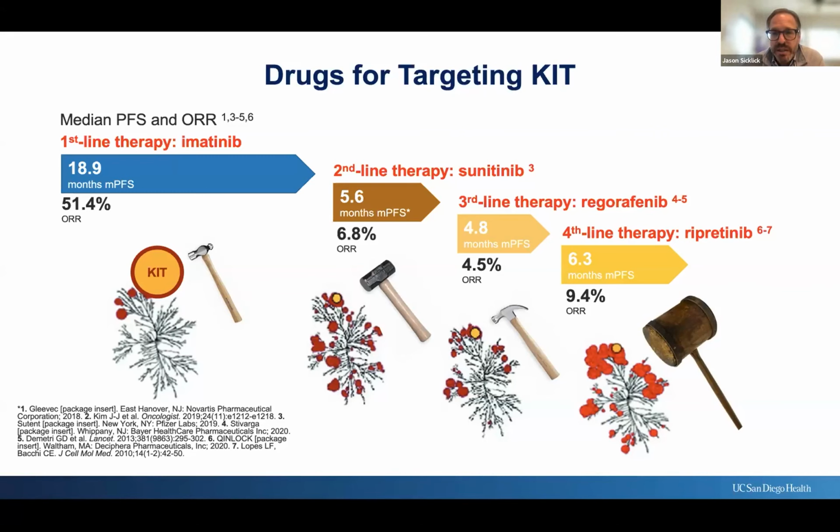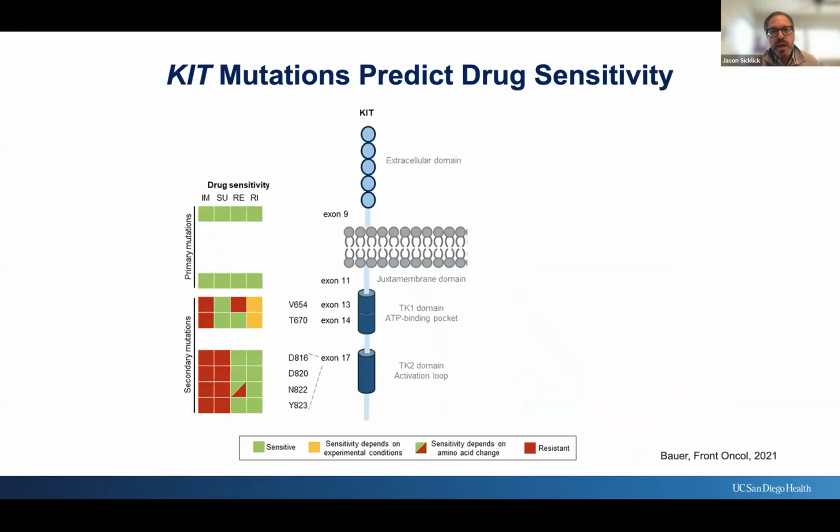That said, these drugs are all targeting KIT as a biomarker. But as time has gone on, we have begun to learn more. We've started learning why these drugs begin to fail. This figure shows the KIT protein within the wall of the cell. The proteins or genes are split up into what are called exons.